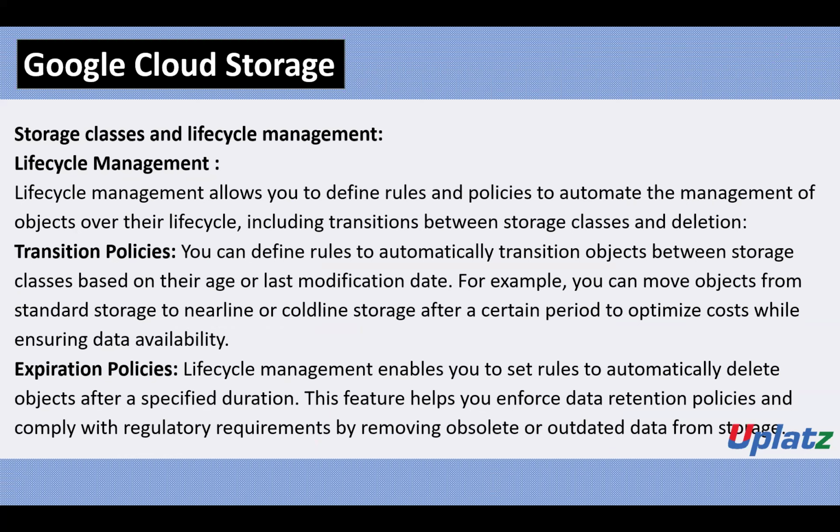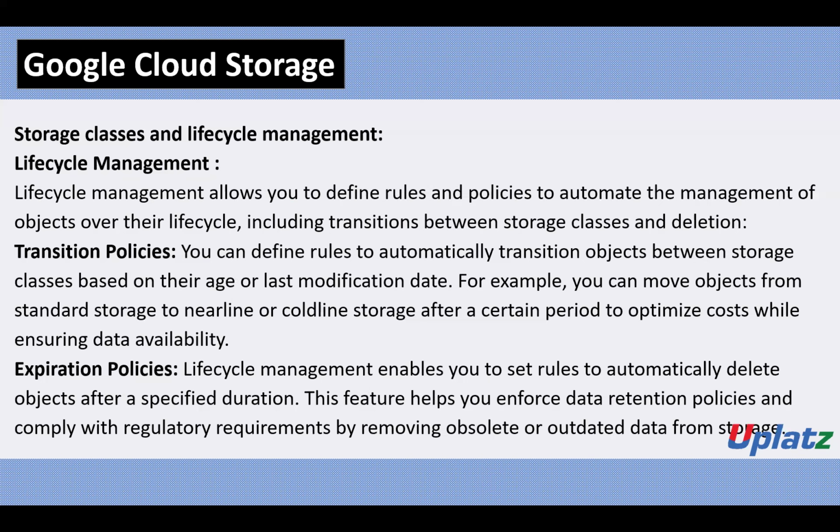Lifecycle management allows you to define rules and policies to automate the management of objects over their lifecycle, including the transitions between storage classes and deletion. So what are transition policies? You can define rules to automatically transition objects between storage classes based on their age or last modification date.